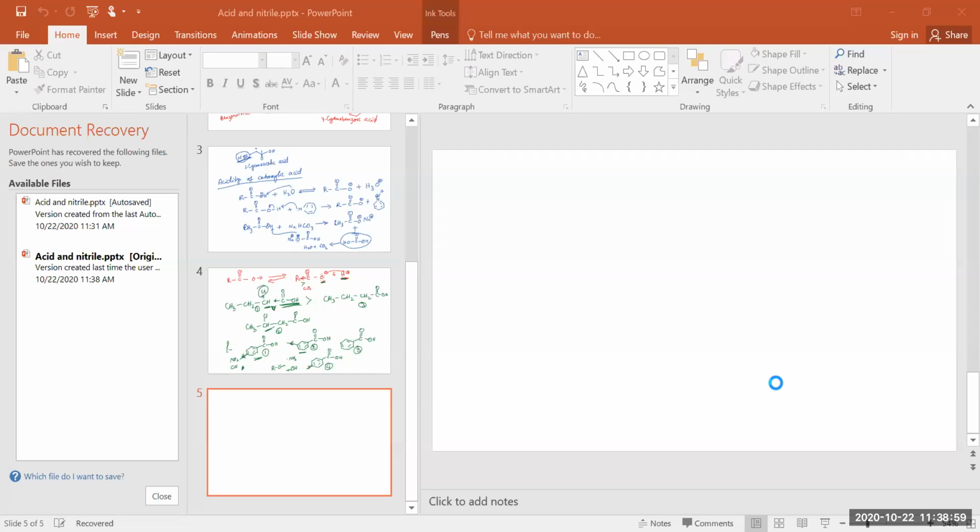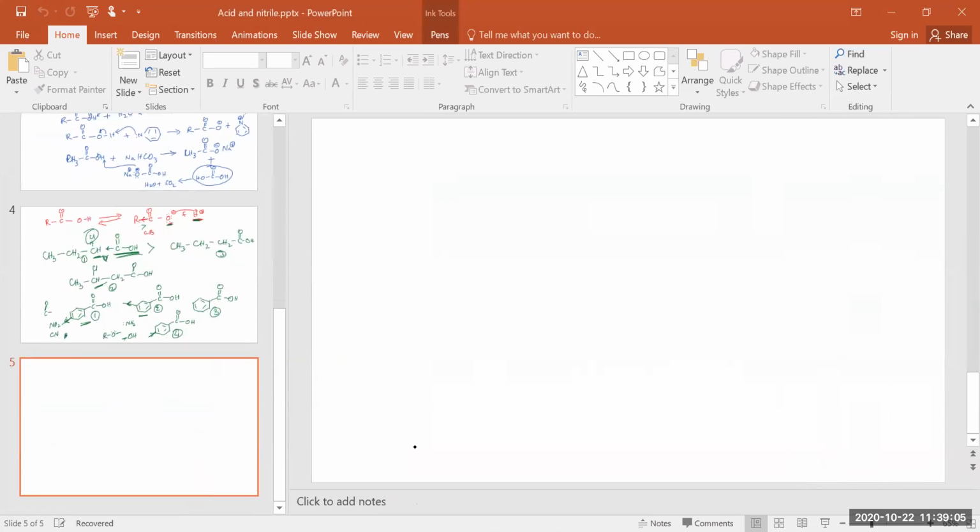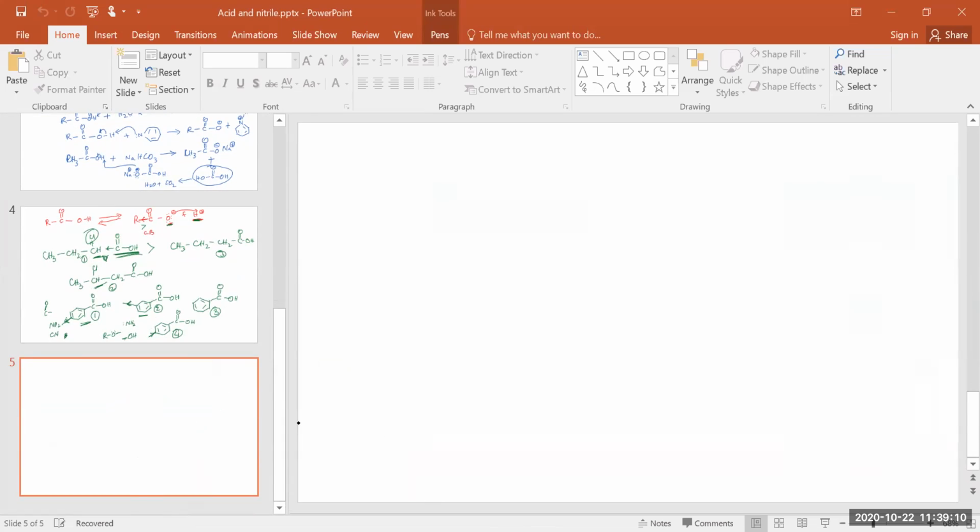Okay, I hope you guys understood that one. And we'll do problems. In the book also, there are several examples, so try to do those, okay? Any question in this mechanism? So both acid and base catalyzed hydrolysis of nitrile can give carboxylic acid.